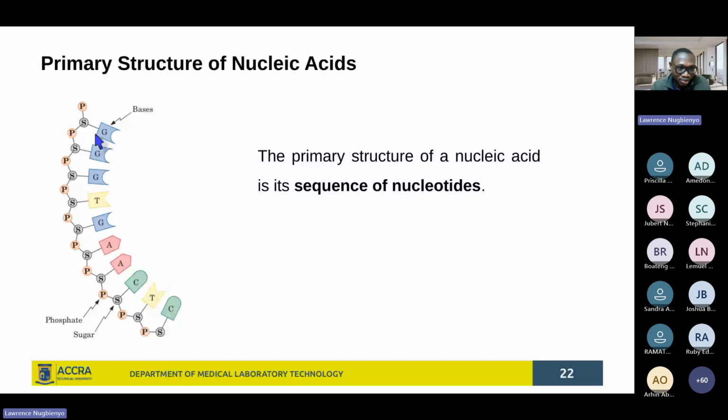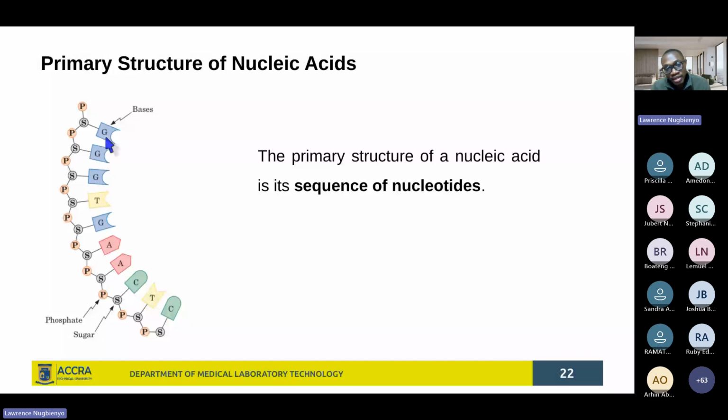And on that sugar too, you have a phosphate group, which is represented by the letter P. Now, you see that the bases are represented by different colors, and there are some letters written in them. Those letters are the first letters of the names of the bases that are on the sugar.